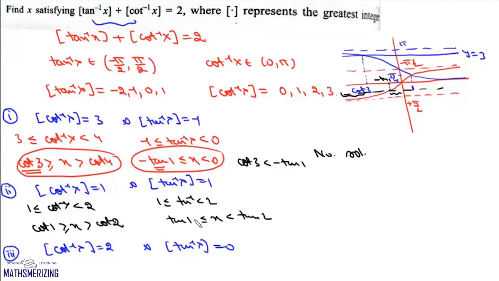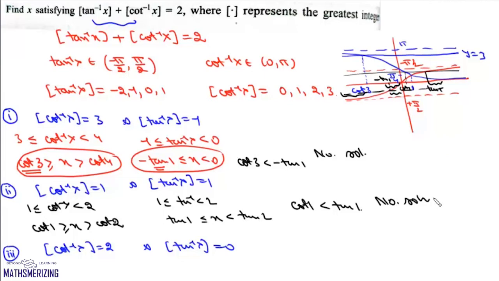Now we'll draw a line at 1. Here we'll get tan 1 and just before this one we'll get cot 1. So the value of cot 1 is less than the value of tan 1. So this first interval is from cot 2 to cot 1 and the second interval is from tan 1 to tan 2. There is nothing common again between the two intervals. So for the second case also, we'll get no solution.